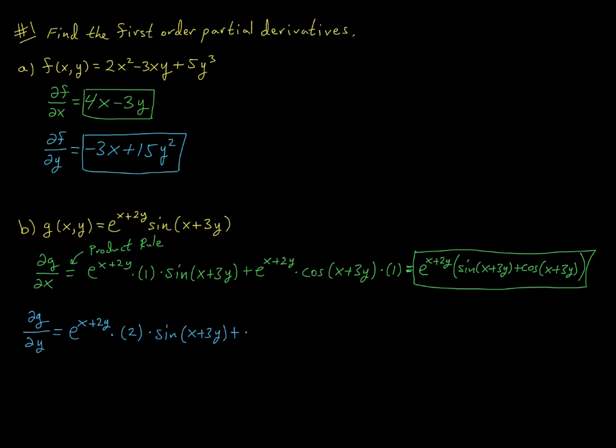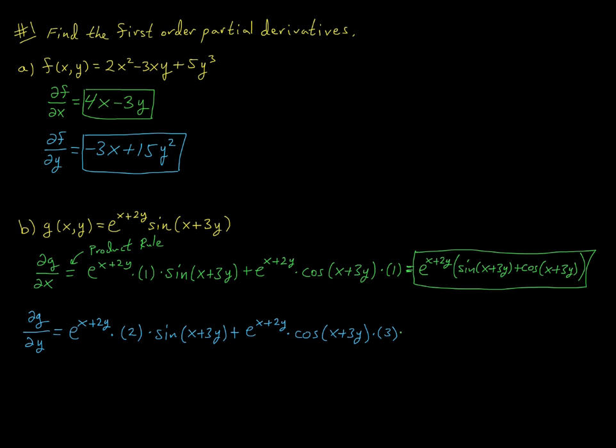And then I'm going to add to this the first term, which is the exponential, times the derivative of the second term. So differentiating the sine now, I'm going to get a cosine of x plus 3y. And now I'm differentiating with respect to y, so applying the chain rule, right, I'm going to pick up a factor of 3 from the 3y. All right, great.